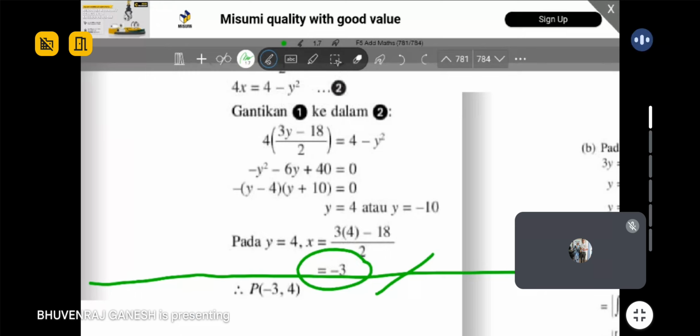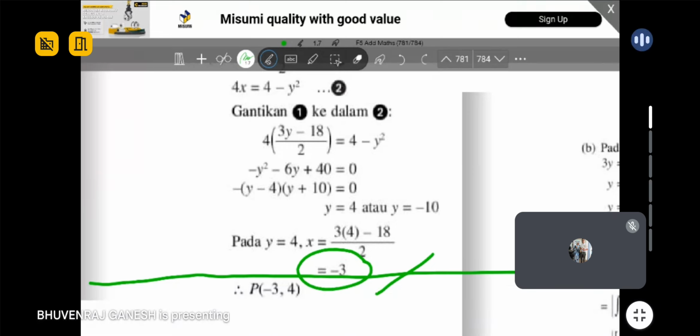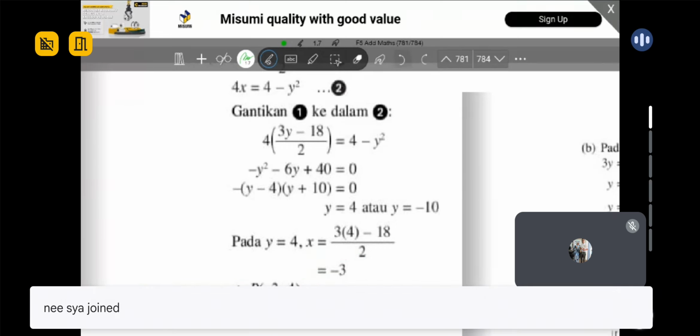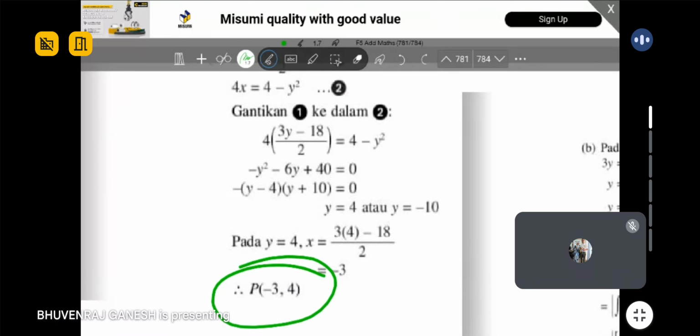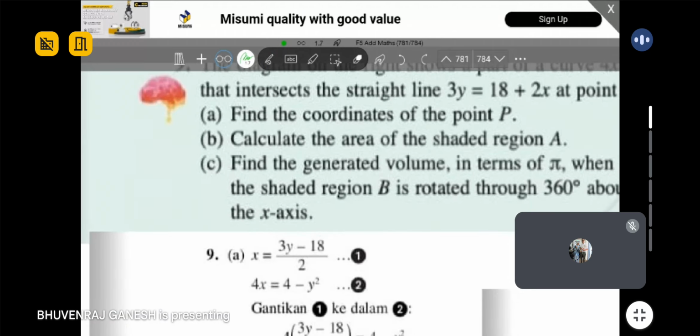Kalau ada siapa buat macam ni, boleh angkat tangan atau apa-apa? Tak ada? Okay, very good. Okay, so make sure you always write the final answer like this for coordinate. Don't stop your answer at the -3. Okay, you must solve and write in coordinate form, x and y. All right? So, yeah, just technique menjawab.